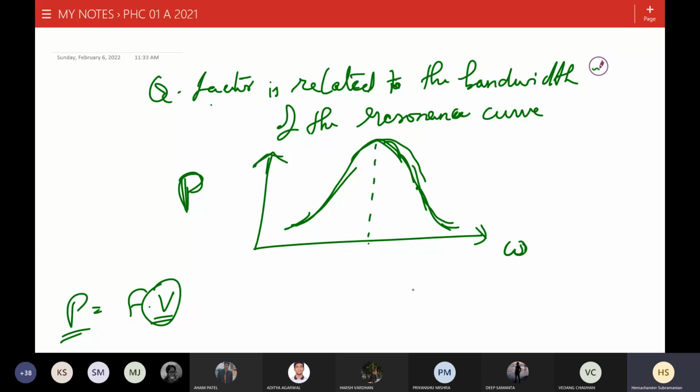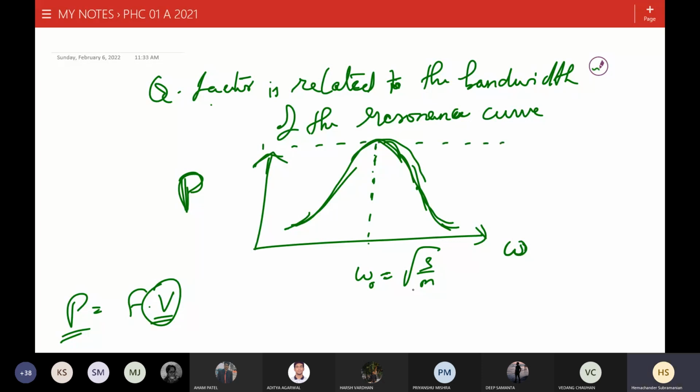At a specific frequency, omega naught equals square root of S over m, at this particular frequency, the power accepted is going to be maximum. And how much would that be? What is this value?